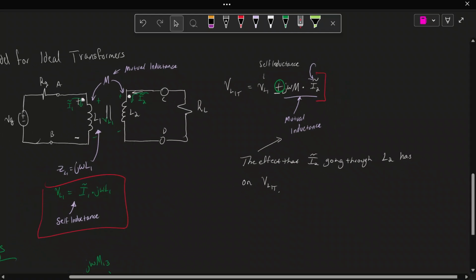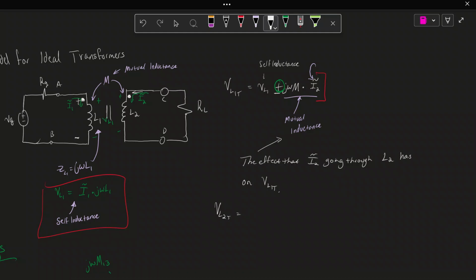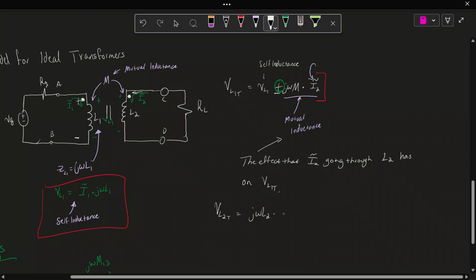Now, what about L2? Well, VL2 total is first going to be equal to its self-inductance, which is going to be equal to what? Positives at the top, negatives at the bottom, and the current is going from plus to minus, so it's positive, and it's going to be equal to j omega L2 times I2.